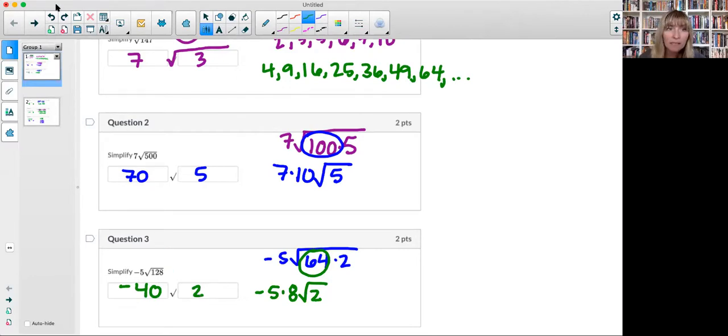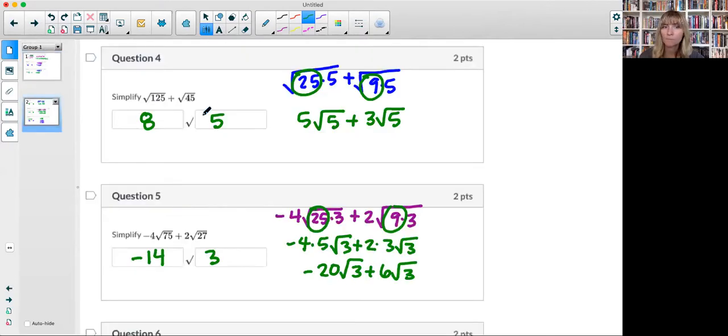Okay, when I move to the next screen, all of the work is going to be there. I'm going to talk you through what I did, or you can just pause the video and look at it, whatever's easier for you. This answer over here came from this. I split up 125 into 25 times 5, and then you'll notice that you always kind of have a hint. If you're doing addition, you can probably guess that these are gonna wanna combine.